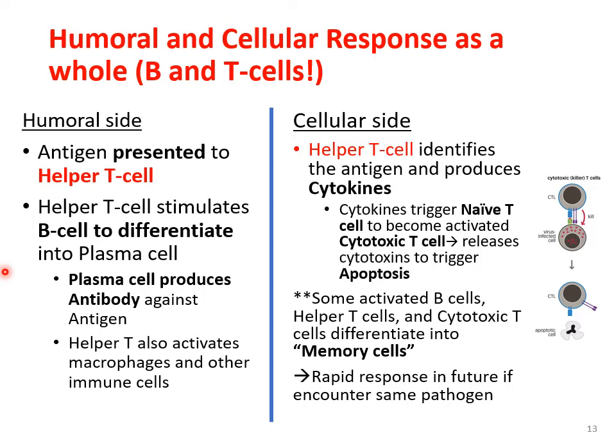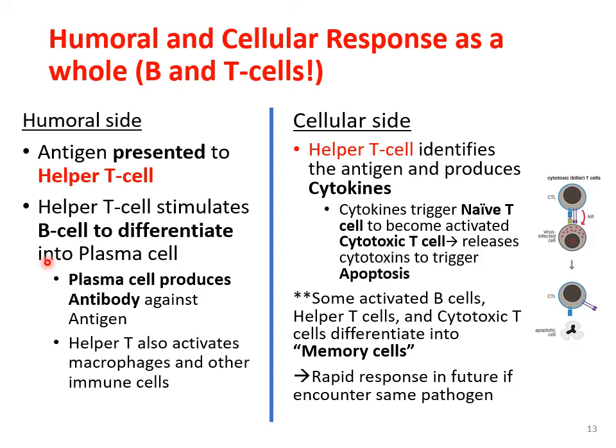So for instance, if it's the COVID spike protein antigen that the T cell has been shown, then the antibodies produced by the plasma cells will target and be specific to binding that particular spike protein. At the same time, those helper T cells will also help activate macrophages and other immune cells. And what that means is those are immune cells that will help engulf some of the microbes that are currently invading.